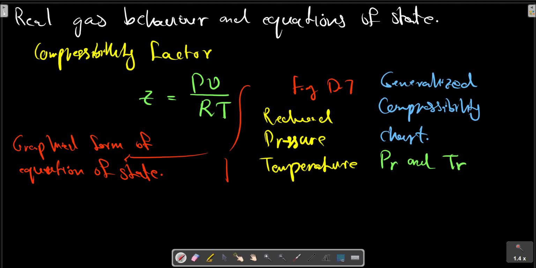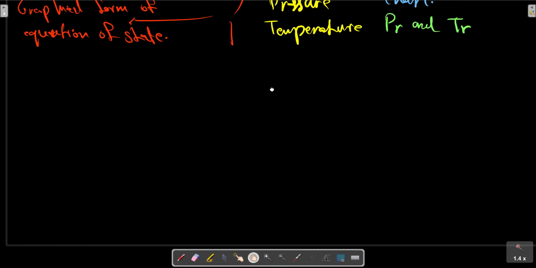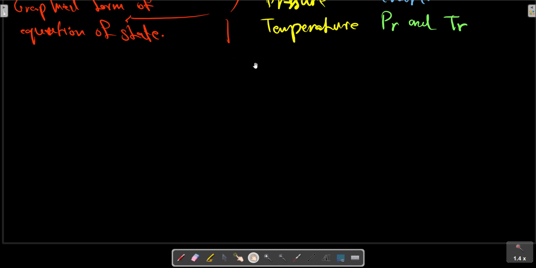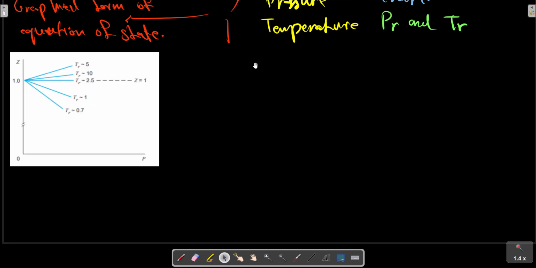Let us examine the low pressure portion of the generalized compressibility chart in greater detail. This behavior is shown in this picture. The isotherms are essentially straight lines in this region. T_R, reduced temperature, 5, 10.